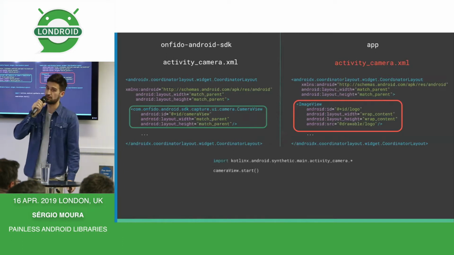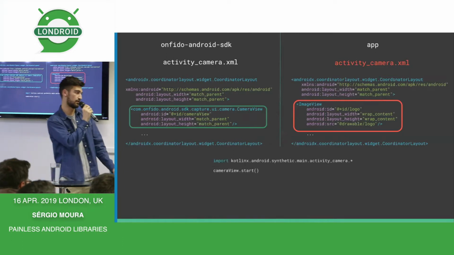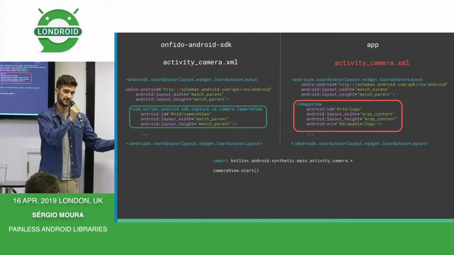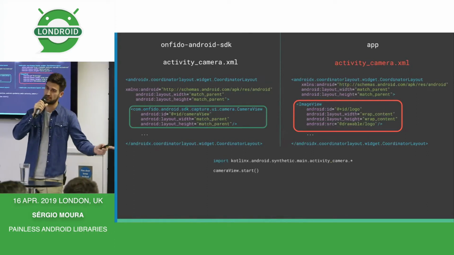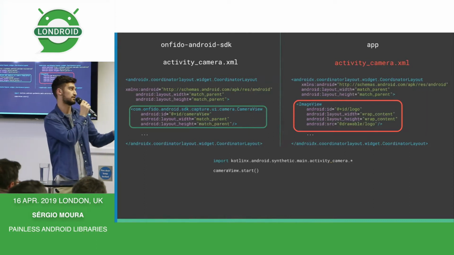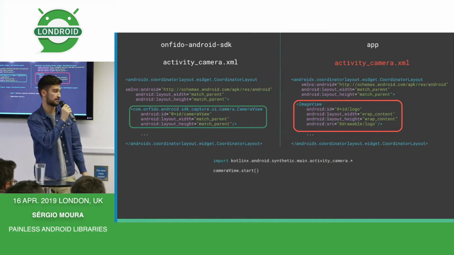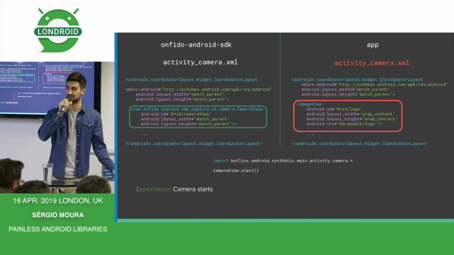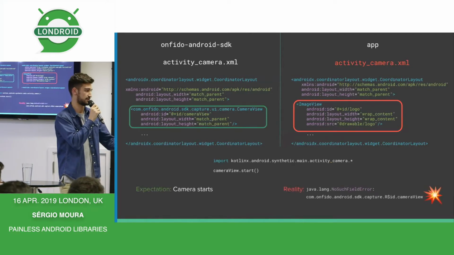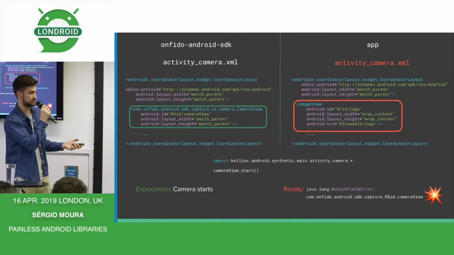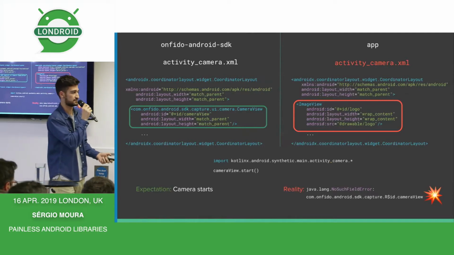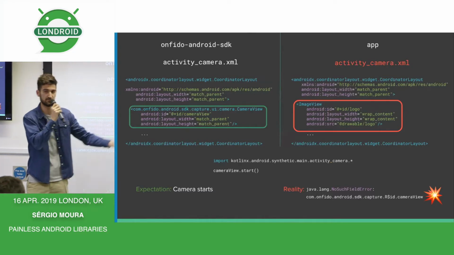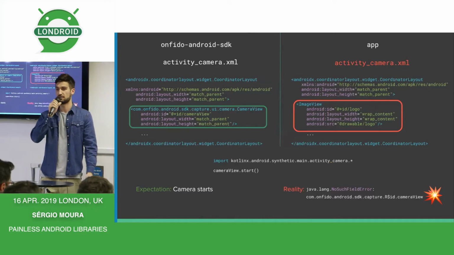So what really matters is that once you try to call a method, for example, start, in your camera view that you expect to be there, since the app layout did override the one from your SDK, you expect eventually the camera to start, but the reality is your app will crash with a no such field error because it cannot find the camera view ID, because what it actually has is some image view called logo, and you'll get a crash.